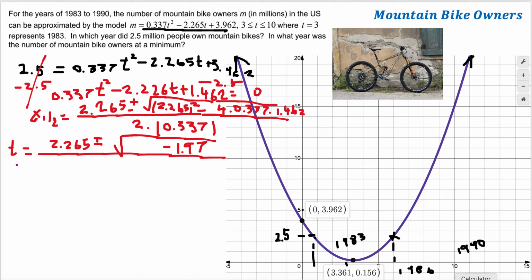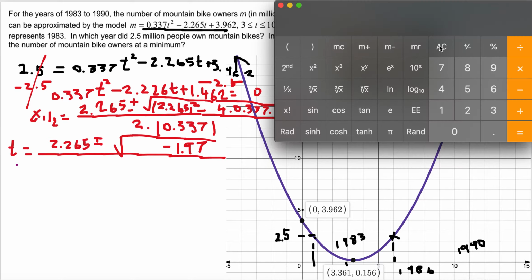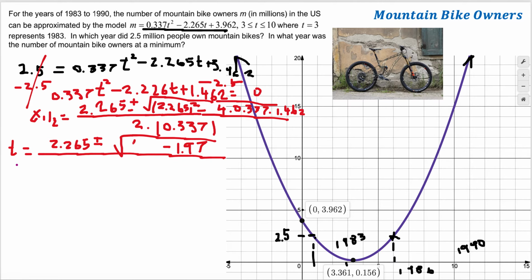And now I'm taking this number 2.265 squared. I have 5.13, so let me write here 5.13.